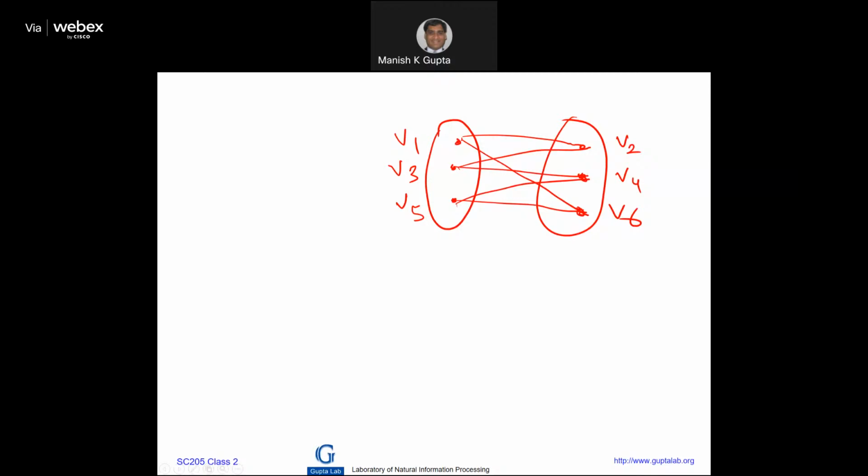So as you can clearly see, there are edges between vertices in one set and vertices in the other set, and there are no edges within the same collection. That is a key property of a bipartite graph.